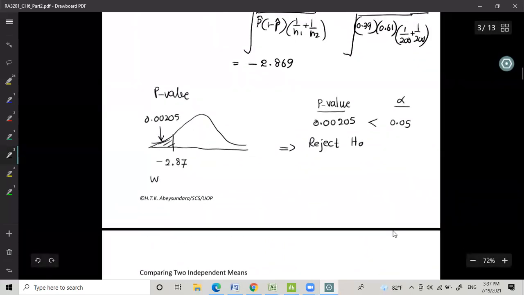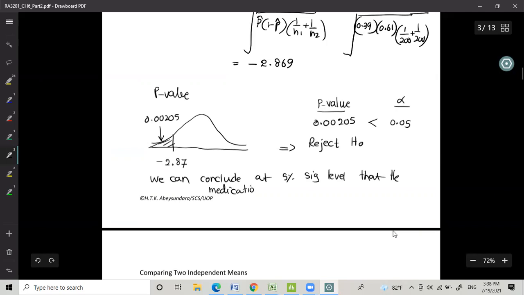So we can conclude at the 5% significance level, let's say the medication is effective, or I can say the medication lowers the symptoms, right?